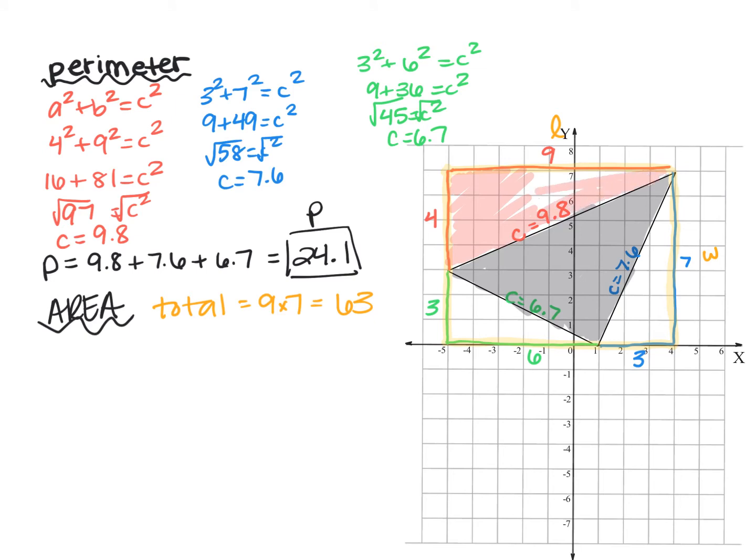So I have to find the area of that red triangle. Well, since it's a right triangle, I know that I've got the base and the height. So 1/2 times 4 times 9, or 1/2 of 36, is going to give me 18. So this one is 18.